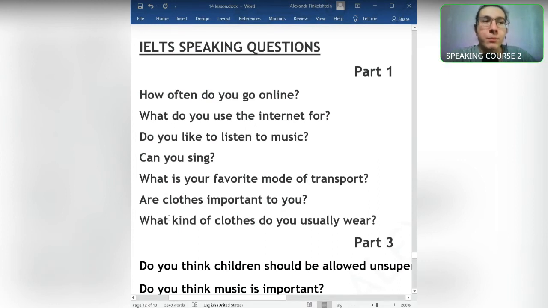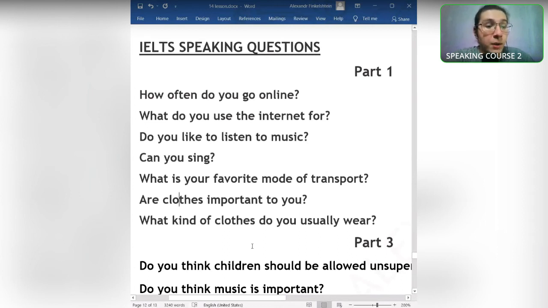Even though I really appreciate fashion, I can say for a fact that clothes are actually not very important to me. Oftentimes, if you see me outside, you can say that I look like a homeless person. Actually, some people have said this before, including my mother. But I find that clothes aren't really that important.